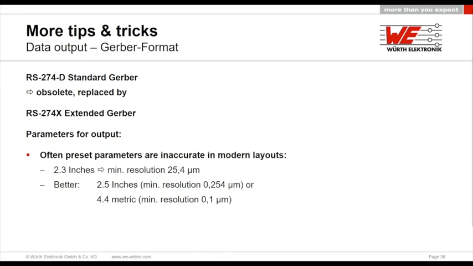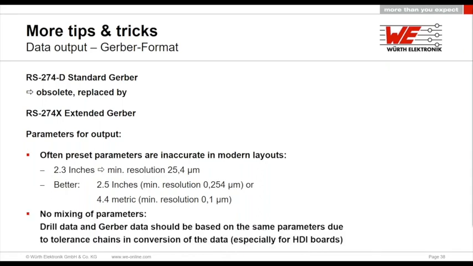When you have a closer look, it means you have a minimum resolution of 25 microns, which, if you work with 100 micron track and space, is quite an issue. So it would always be better to go to 2.5 inches or 4.4 metric parameters, because the resolution is much finer. What is the issue here?